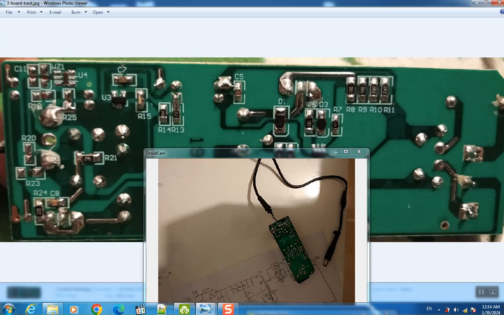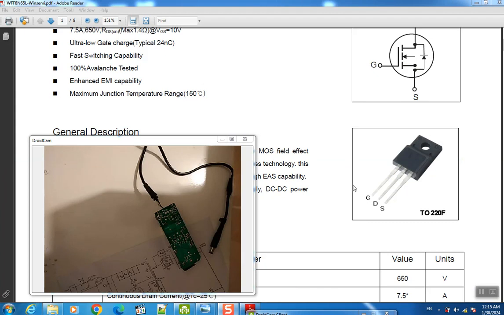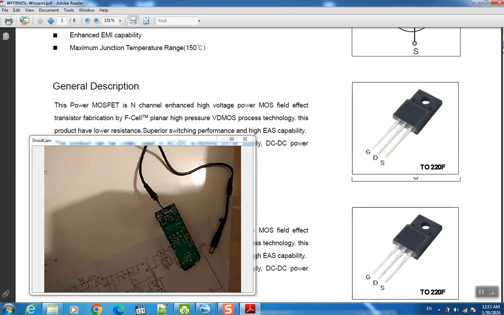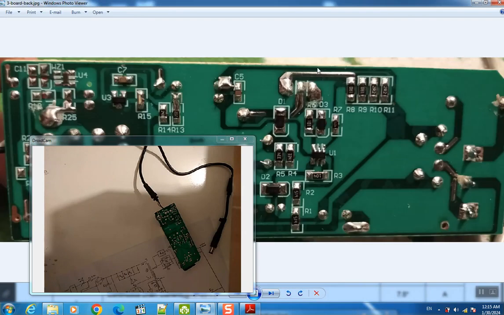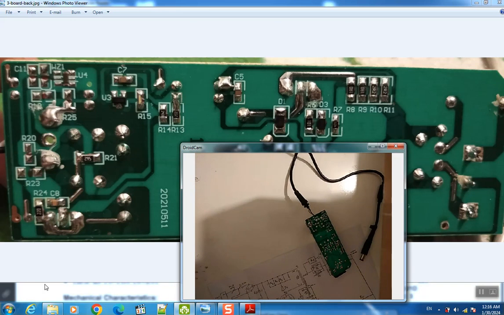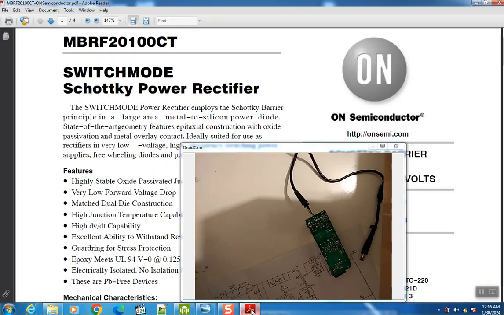Very easy. You can find the pins by referring to the data sheet of this MOSFET. You can easily find GDS, which are here, or the switch mode power rectifier here, by referring to the data sheet.